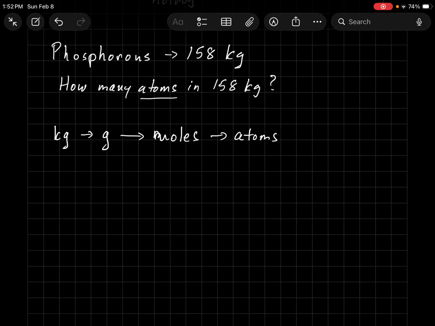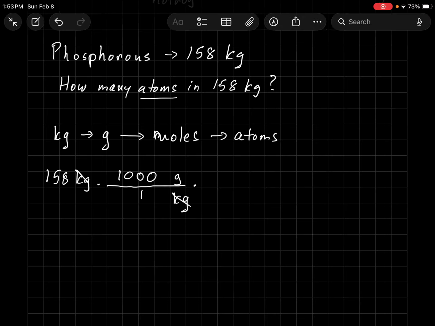But let's see if we can do this one. So let's start. I have 158 kilograms. We're going to multiply so that I have grams on top and kilograms on the bottom. Why? Because we can cancel our kilograms. And we know that there are 1,000 grams per 1 kilogram. Now, let's change to moles.